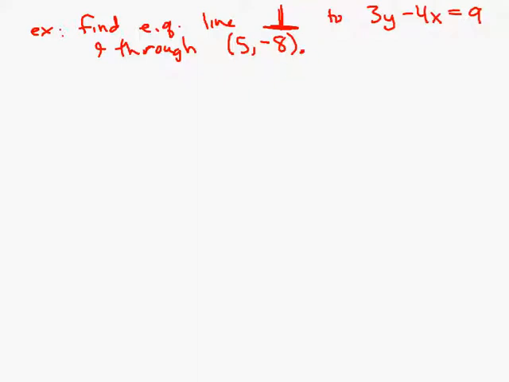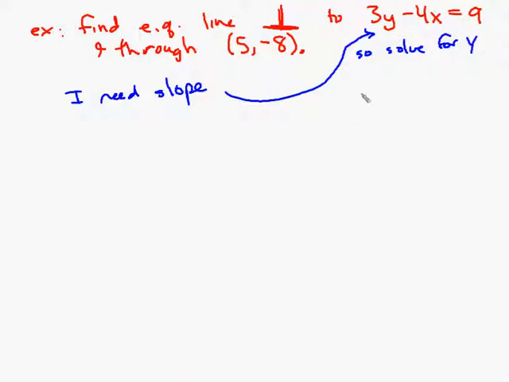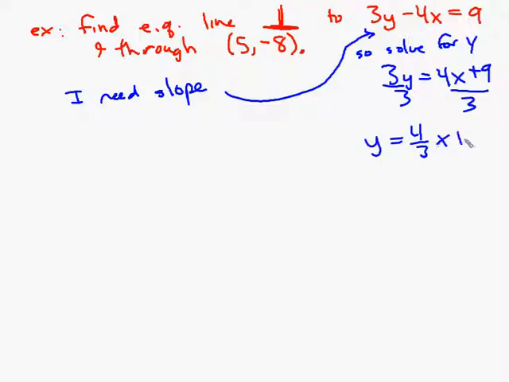The first thing I need is a slope. So what am I going to do with this? Yep, solve for y. I'm going to add that 4x, and then divide by 3, and this time I promise I'm going to get it right. So y equals 4/3 x plus 3.